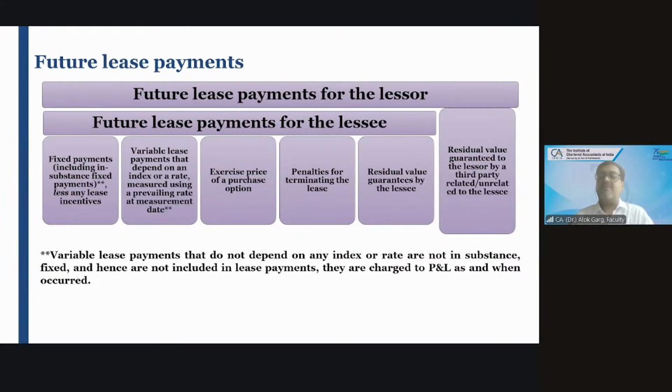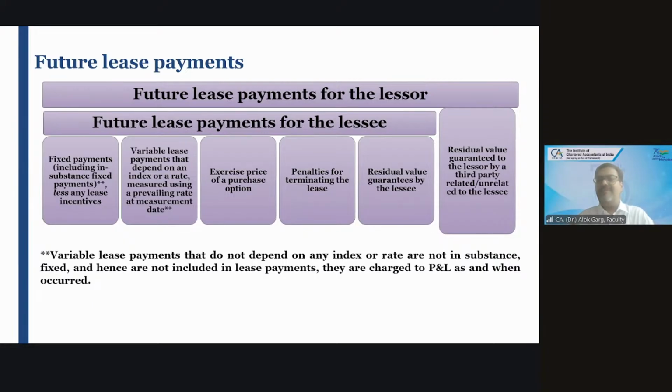In substance, what is meant by in substance fixed payment? There is an escalation clause which says that rent has to be increased by 10% every year. On day one, when the contract was signed, it was very clear that after every 1 year, 10% rent escalation will be there. Don't you think this escalation is also in substance fixed payment?